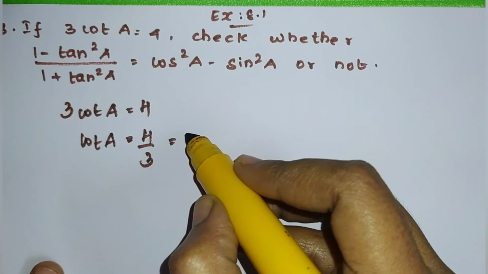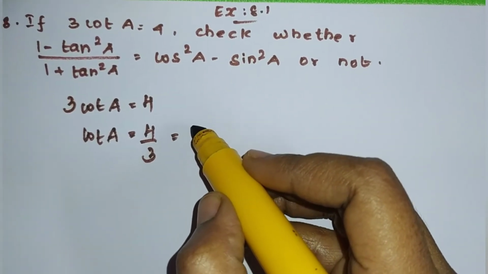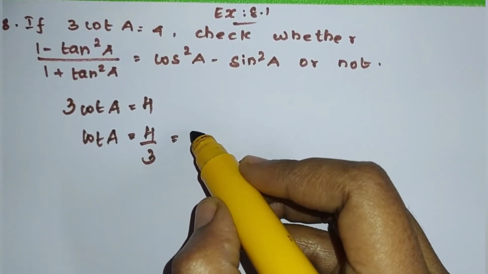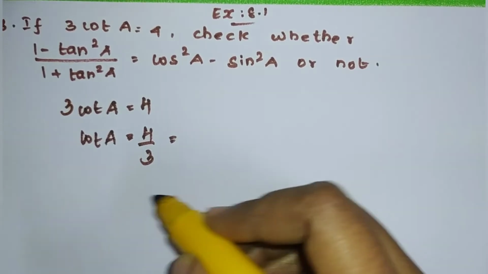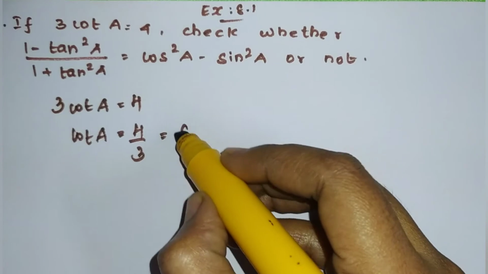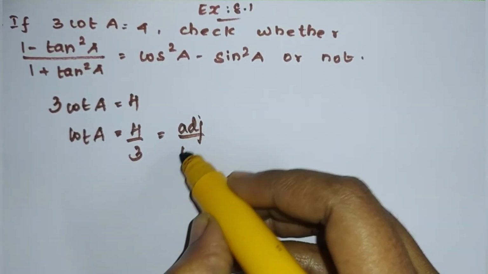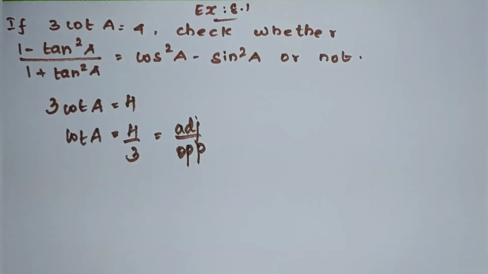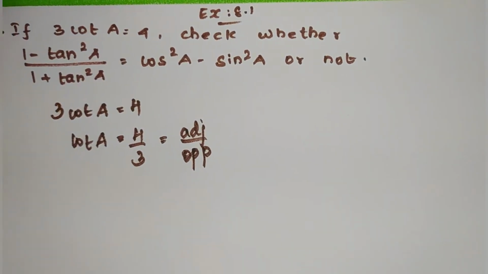Cot A formula is what? Tan is equal to opposite by adjacent. So the reciprocal of tan is cot, adjacent by opposite. Draw the triangle.